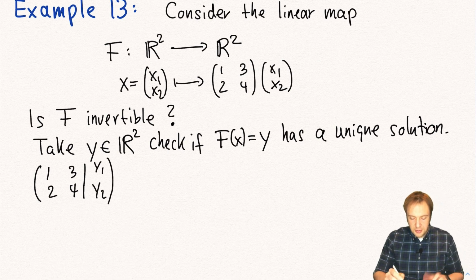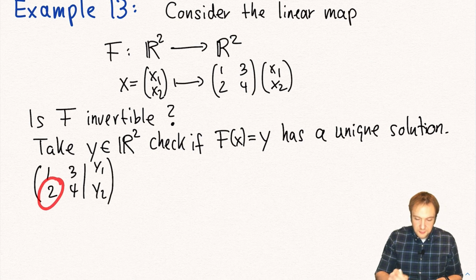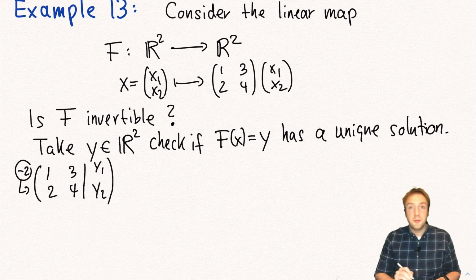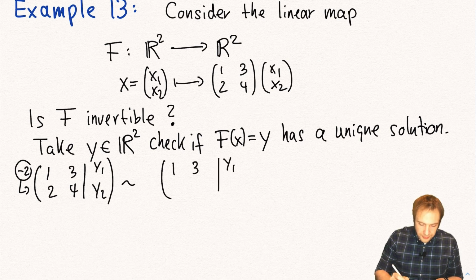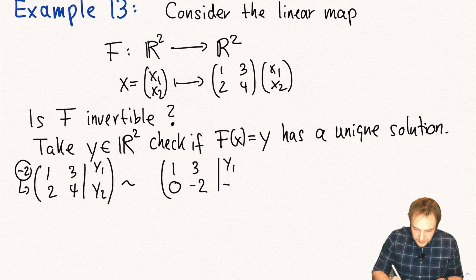To get rid of this 2, we subtract the first row from the second twice. Then here we have 1, 3, y1. Here we have 0, and subtracting 6 from 4 is minus 2. And here we have minus 2 times y1 plus y2.